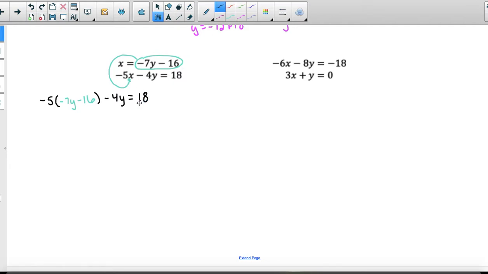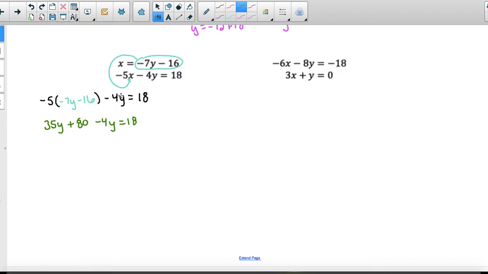Now I'm going to use the distributive property to simplify this and to solve. So we end up with negative 5 times negative 7y is positive 35y, negative 5 times negative 16 is a positive 80, and then we have just minus 4y equals 18.